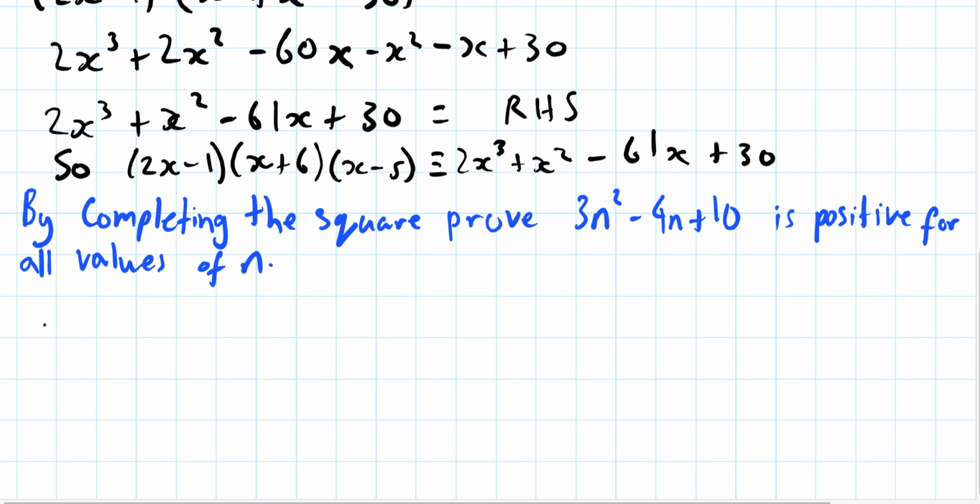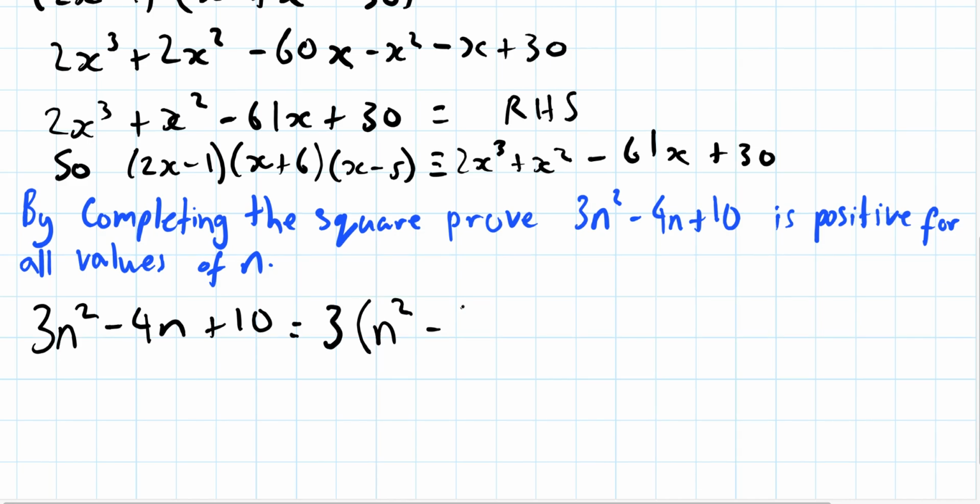So let me just write that: 3n squared minus 4n plus 10 equals, or the way I like to do it is I'm going to take out 3 and be left with n squared minus 4 over 3 n plus 10.